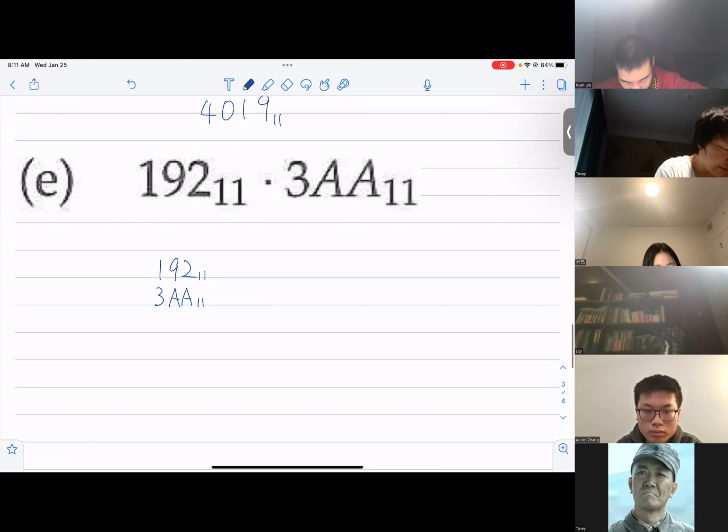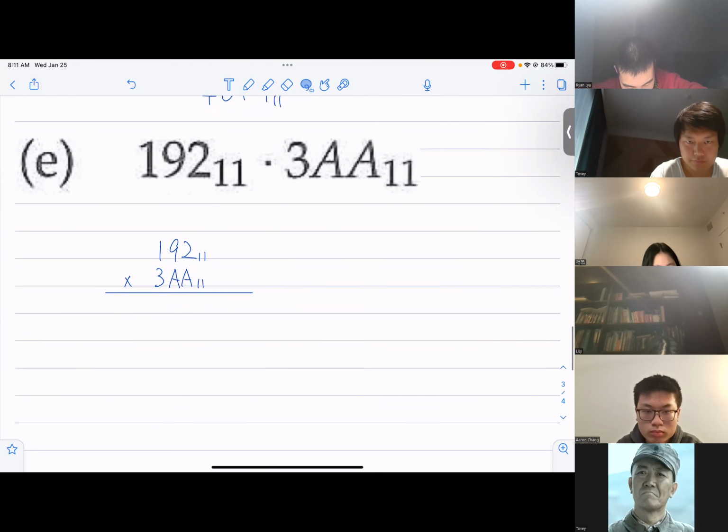We can first do it regularly, just like this. Okay, and let's figure out the multiplication step by step. So first, we have to do 2 times a, right? What is 2 times a in base 11? How do we think about this?